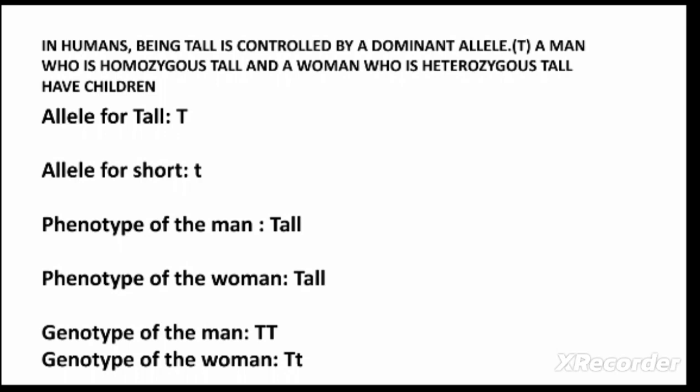And then the genotype for the woman is heterozygous. Once you see the word heterozygous, know that for the letters you're given, you're going to write the capital letter of it and a small letter. Hence, the genotype of the woman is the capital letter and the small letter. The reason the woman's phenotype is tall, although she has the allele for being short, the small letter, is because the T is dominant.